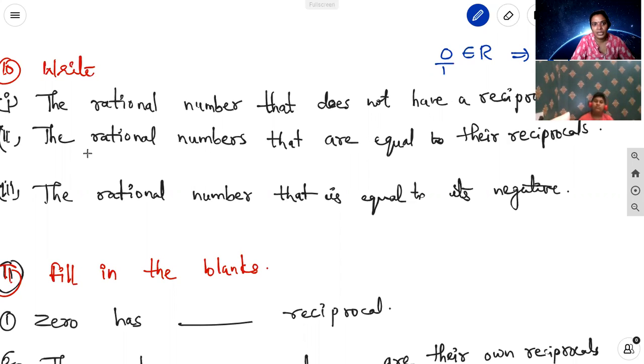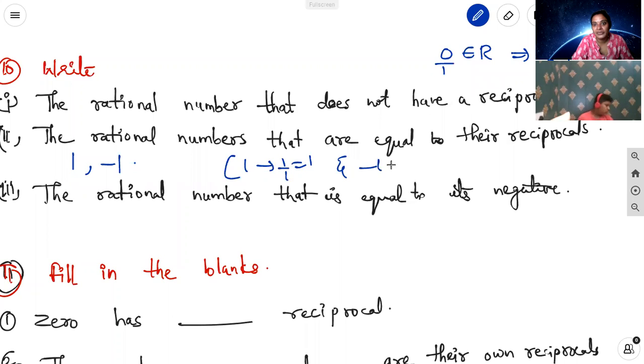Okay, next, the rational numbers that are equal to their reciprocals. One's reciprocal is 1 only. Minus 1's reciprocal is minus 1. Just check it out. 1's reciprocal is 1 by 1, equal to 1.